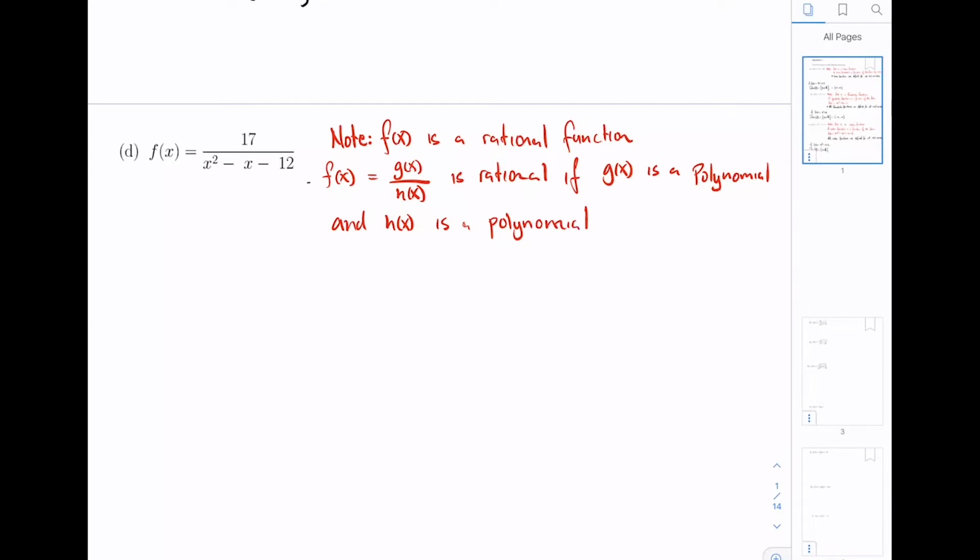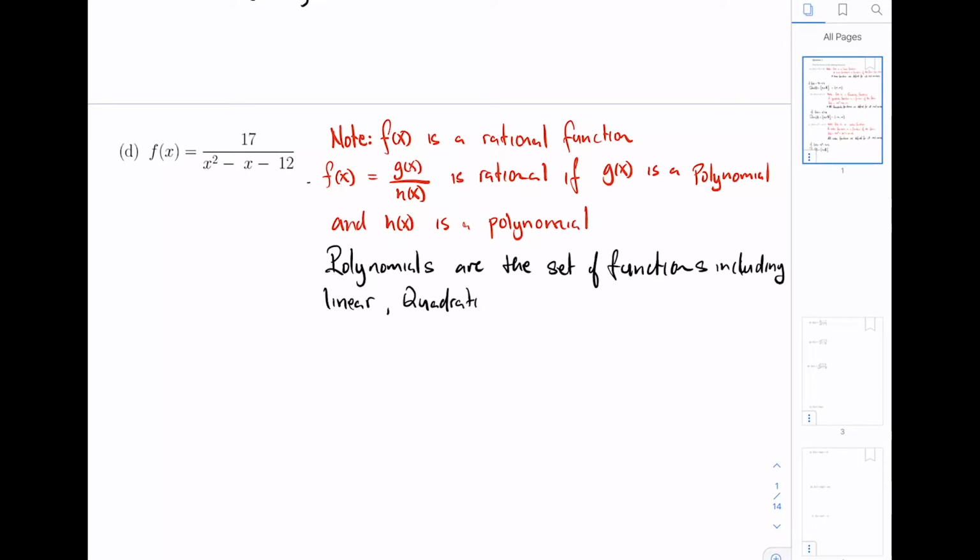Okay, so what are polynomials? Polynomials are the set of functions including linear, quadratic, cubic, quartic, quintic, and all higher power functions.